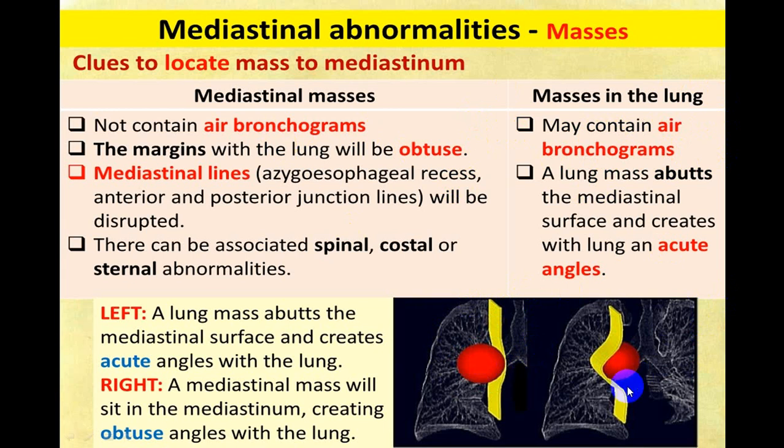And second, if there is a mass from the mediastinum, this is the lung margin, and it will produce an obtuse angle. With lung it will be acute angle. So try to look at that particular thing. You can identify that by looking properly at an X-ray chest PA view.